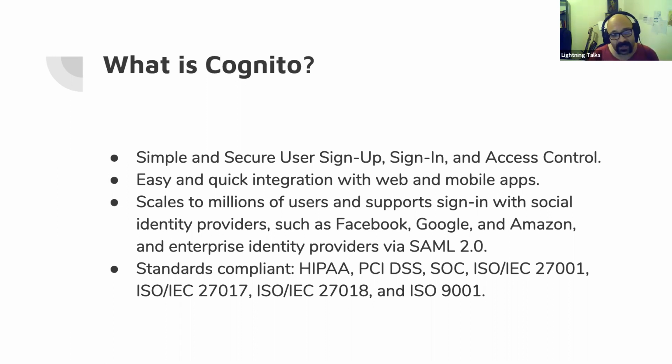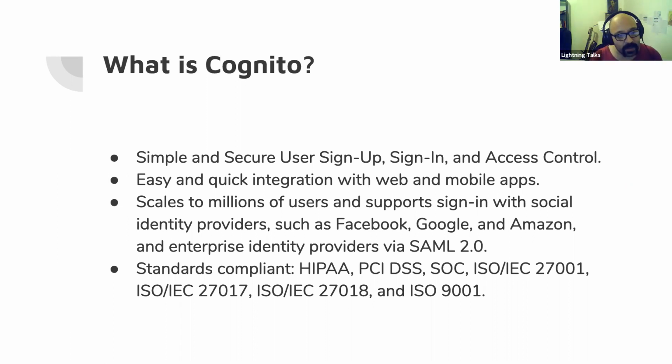It's scalable, so you can have literally millions of users and requests, and you don't have to worry about scaling a server. It integrates with third-party identity providers such as Facebook, Google, and Amazon to have single sign-on, and also enterprise identity providers like SAML and other implementations.